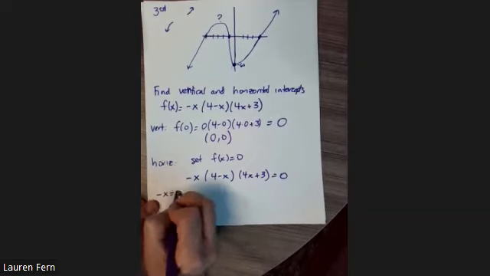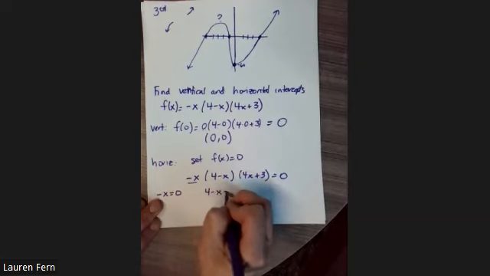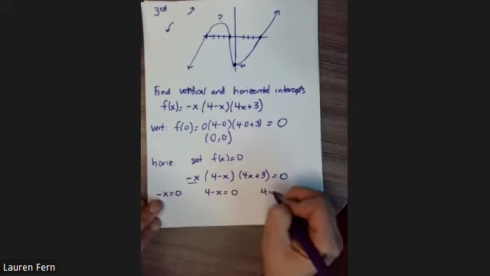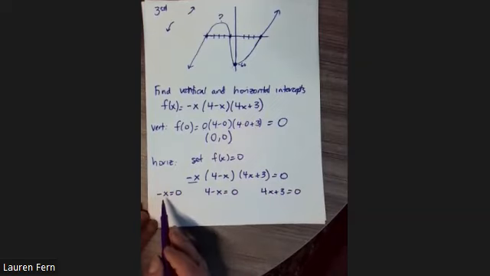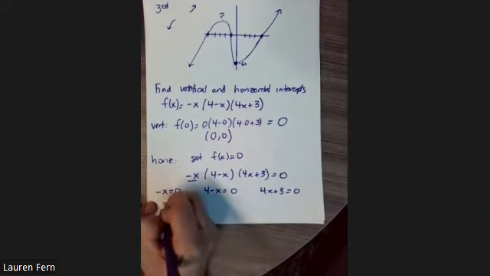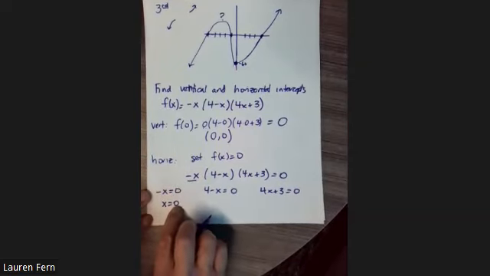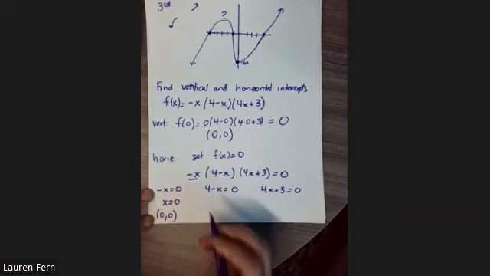Notice that means either my first term is 0, my second term is 0, or my third term is 0. We can solve each of these for x. Here you would just multiply or divide by -1. That gives us x equals 0, which jives with that.